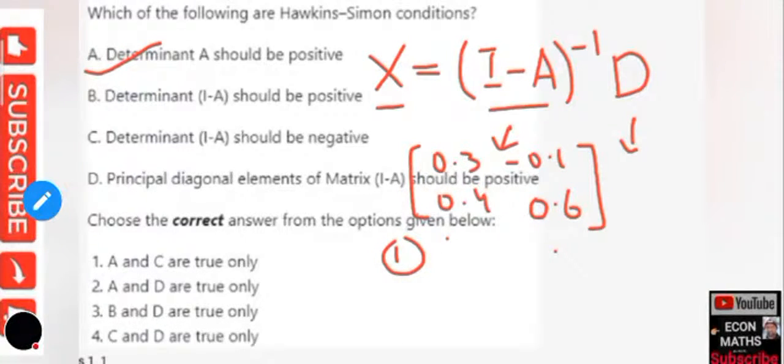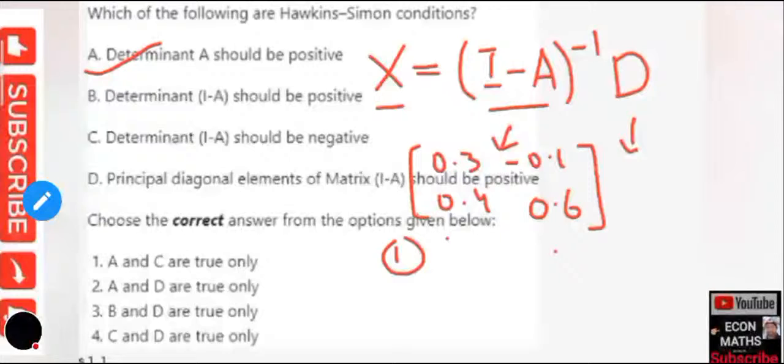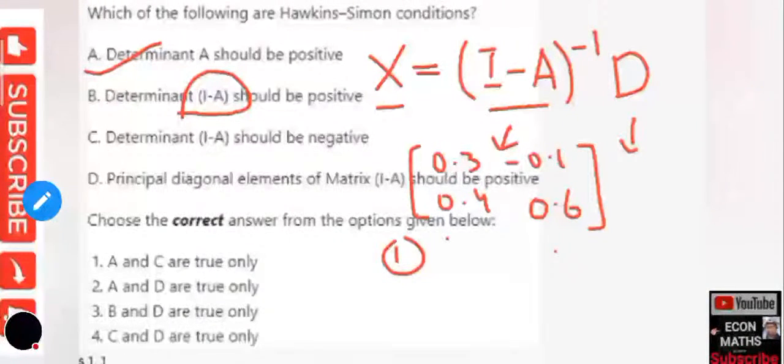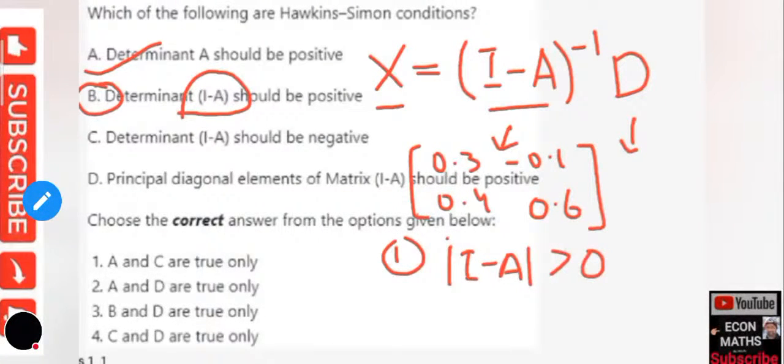Sorry, the first option is not correct, as it is only talking about A. Actually, the determinant of I minus A should be greater than 0. That means option B is correct.